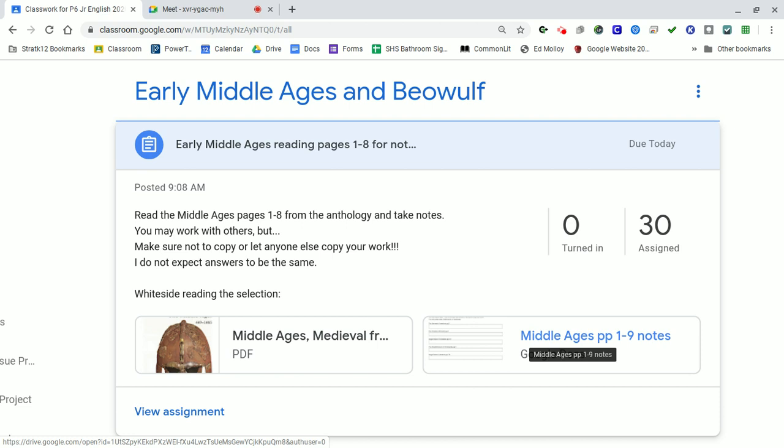So don't let anyone get a copy of yours and then just copy it, and don't get someone else's work and just copy it. I don't expect the answers to be the same. Oftentimes they're similar, but it's very rare for answers to be exactly the same unless they are exactly copied.